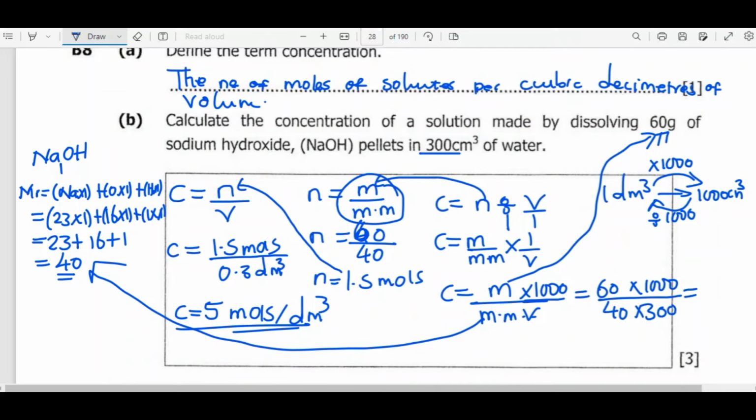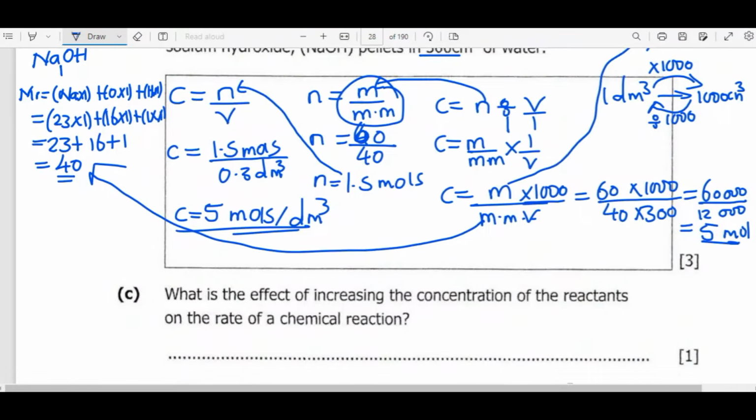So 60 times 1000 is 60,000, over here we are going to get 12,000. So 60,000 divided by 12,000, I'm getting 5. So it seems the same answer. So you can use any of those formulae.